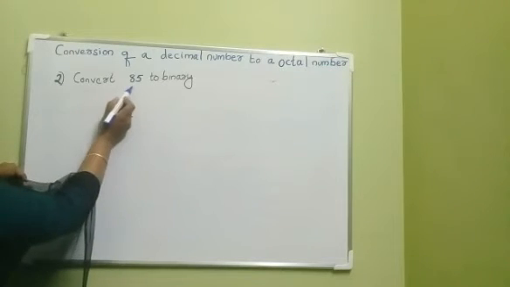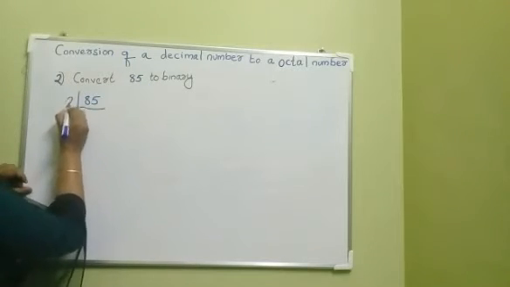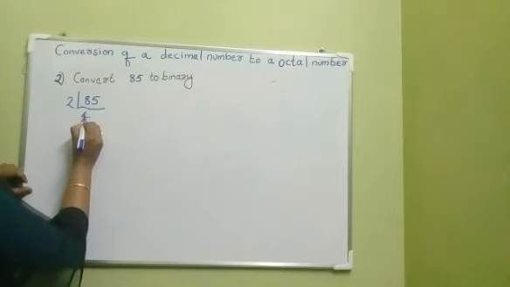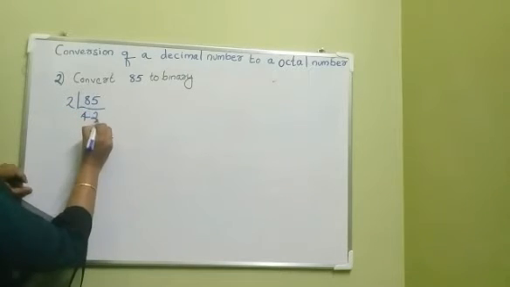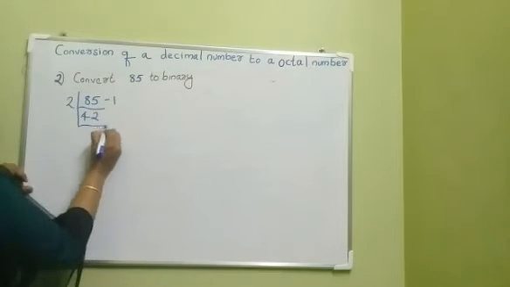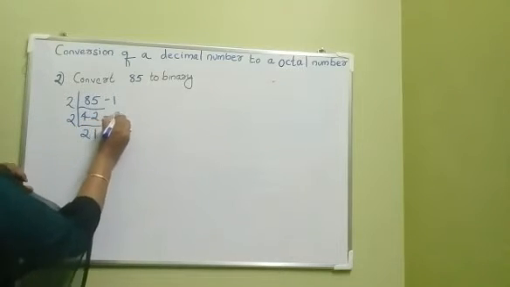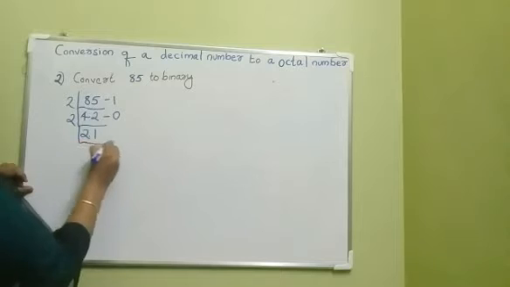Convert the decimal number 85 to binary. 85 divided by 2: 42 twos are 84, remainder 1. Again divide by 2: 21 twos are 42, remainder 0.